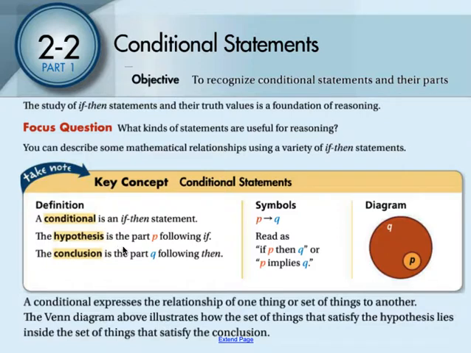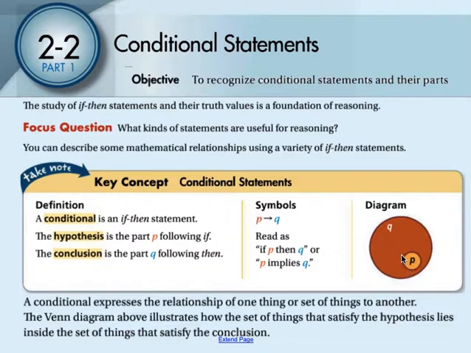So the hypothesis is the part that follows the word if in our statement, and the conclusion follows the word then. In graphic representation, we can use a Venn diagram where Q, the conclusion, is the set of all things, and P is going to be a subset of that set.